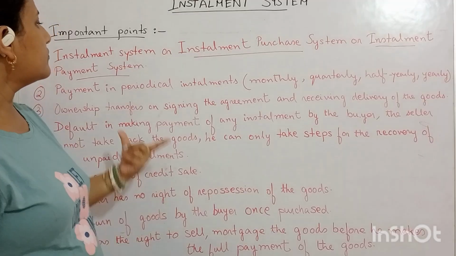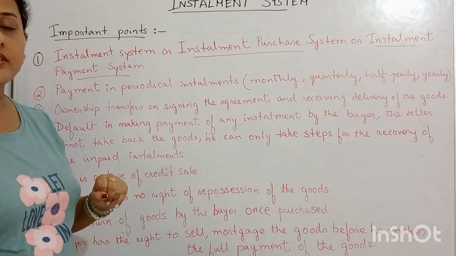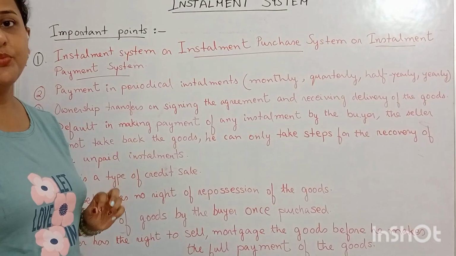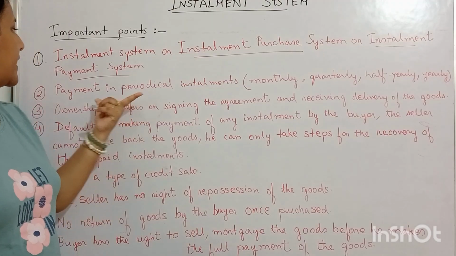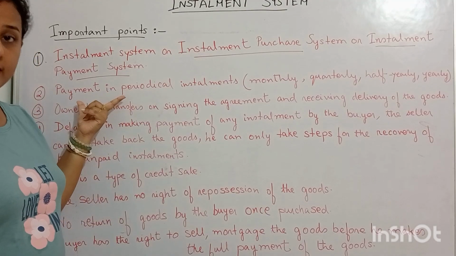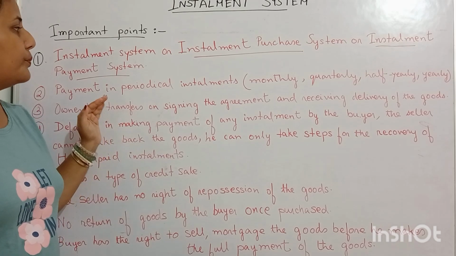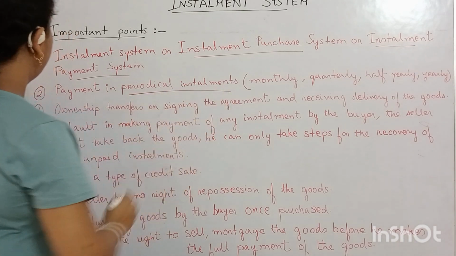Each installment will again include interest as well as some portion of cash price of the goods, like hire purchase system. So the second point is also same like hire purchase system.